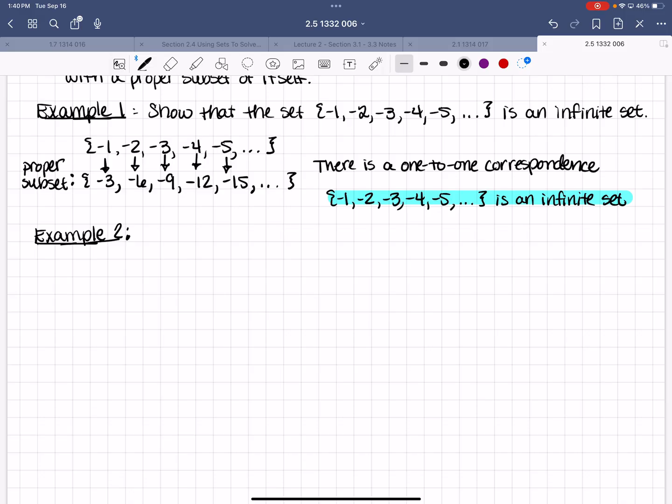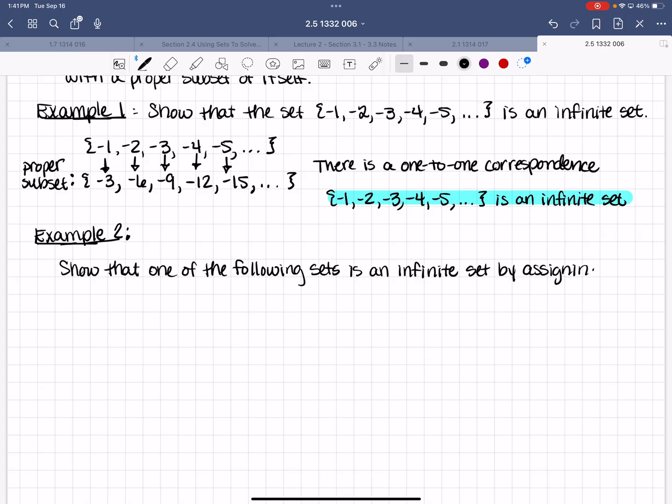So, example 2 says, show that one of the following sets is an infinite set by assigning an appropriate correspondence with the other.